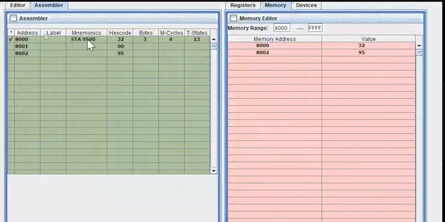After getting this 9500 information, the processor will write the accumulator content to location 9500. So we need a total of 4 machine cycles: one opcode fetch cycle, two memory read cycles, and one memory write cycle. So totally we need 4 machine cycles.